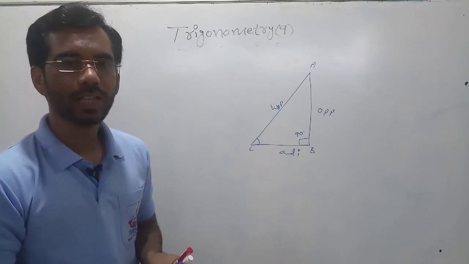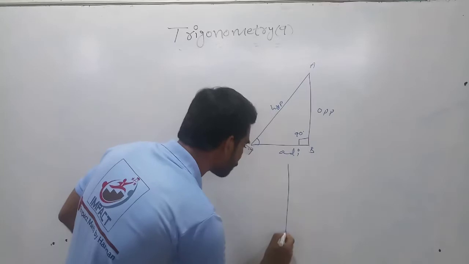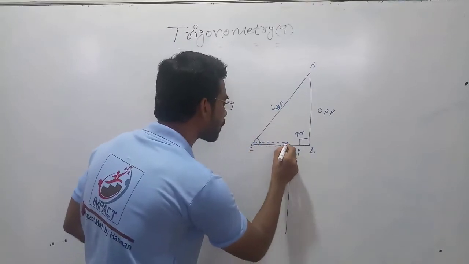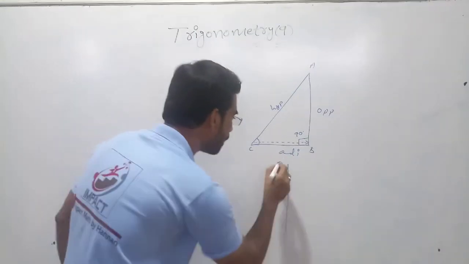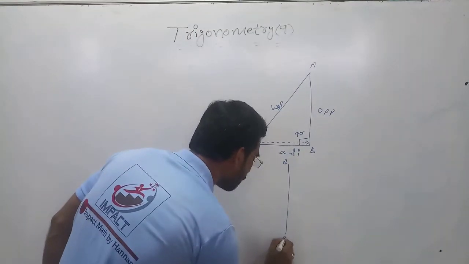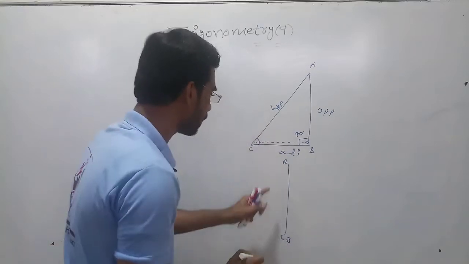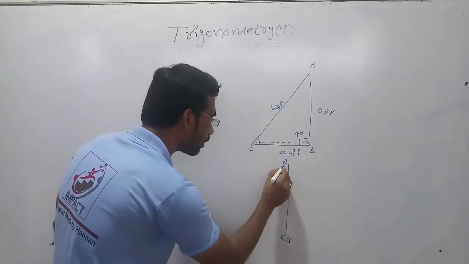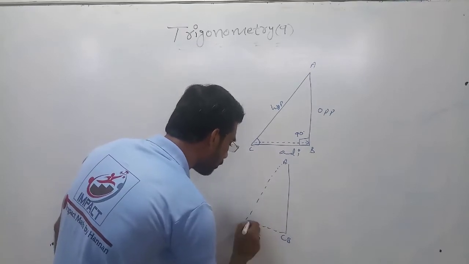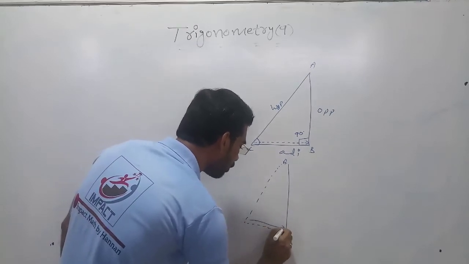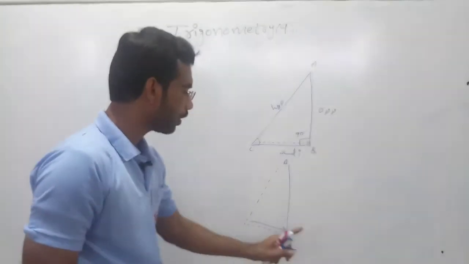If I want to make this angle 90 degrees, what do I have to do? This part of the triangle will move to this side. That means it will join to AB. Then it will become ACB. That means AC moved to AB.